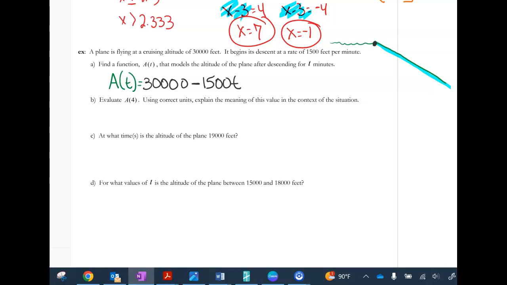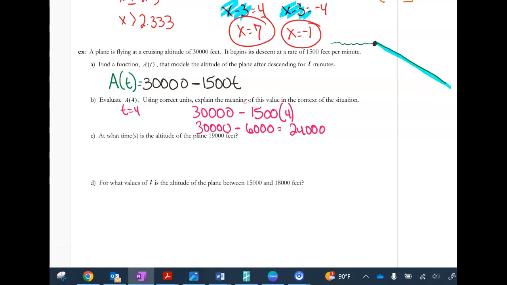First, we got an input, so if t is 4, I would use my calculator and type this in. You can just type in the whole thing. You can do this in pieces. And if you take 1,500, so I'm going to do this in pieces. We're going to get 30,000, take away 6,000, and when we're done, we get 24,000.